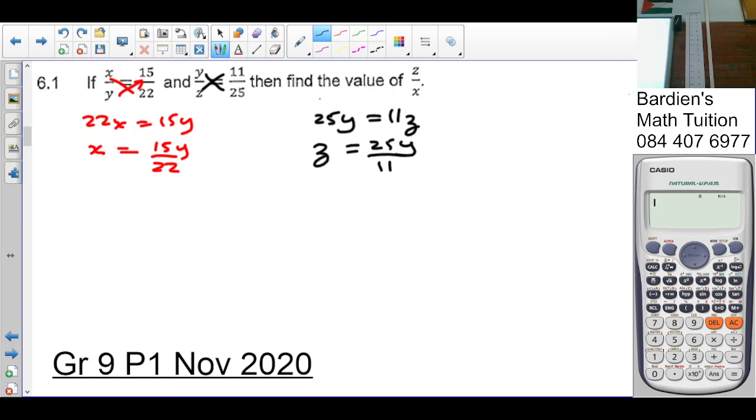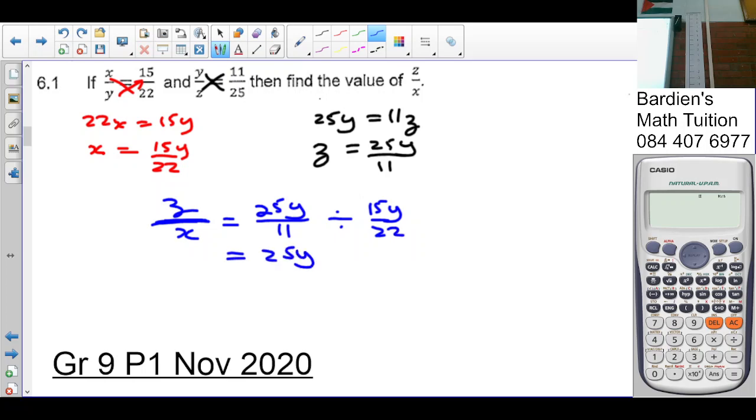Okay. Why do I do that? Because we are asked to work out z over x. But what is z? z is 25y over 11, and that must be divided by 15y over 22, which is now 25y over 11 times 22 over 15.